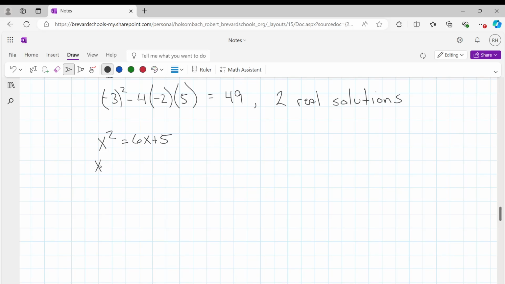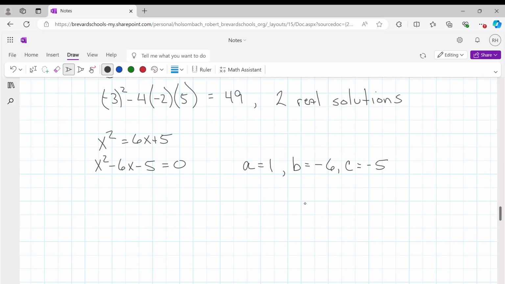So we would end up with x squared minus 6x minus 5 is equal to 0. So now, what's the a value? And the b value? Good. And c is equal to negative 5.